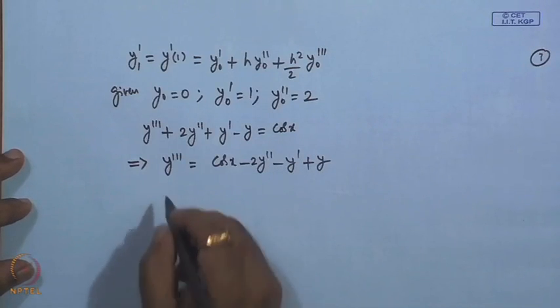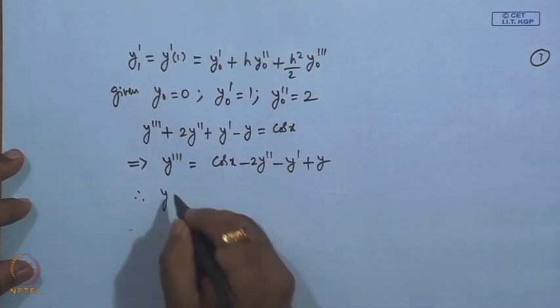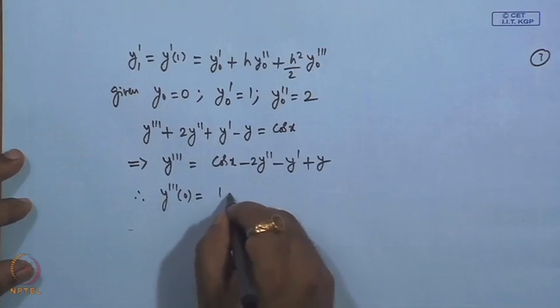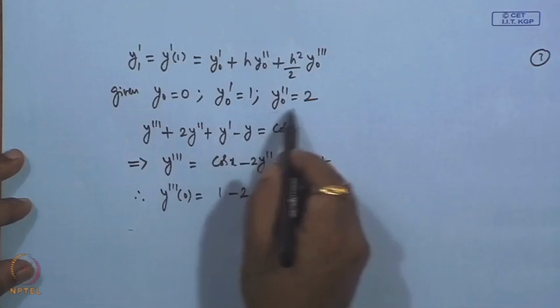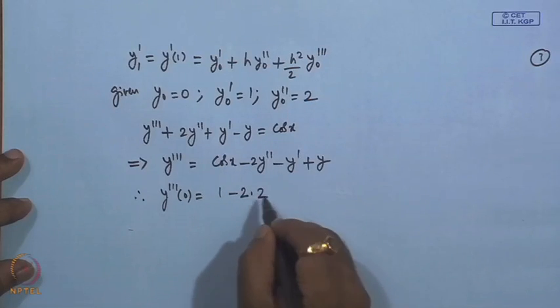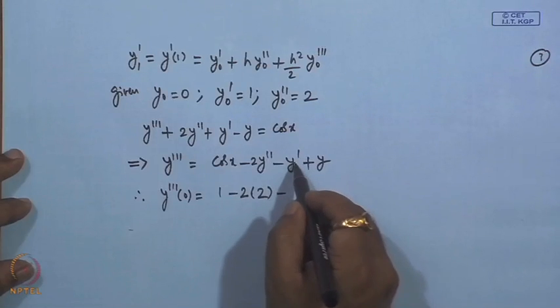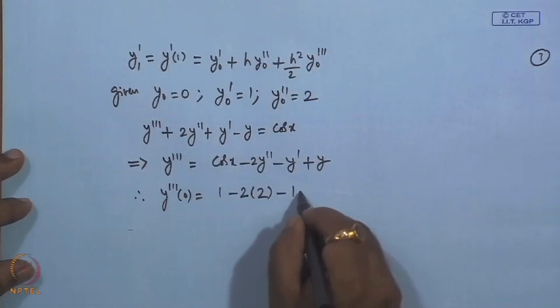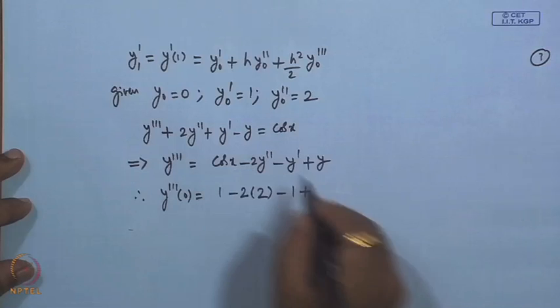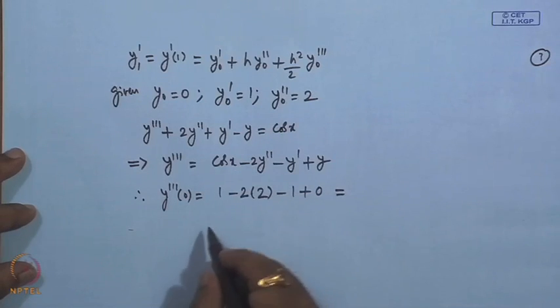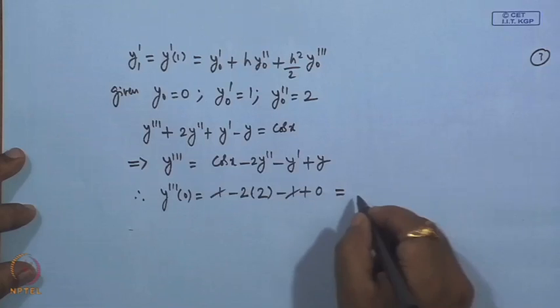Therefore, y triple prime of 0 is minus 2 times y double prime of 0, minus y prime of 0, plus y of 0, which is 0. So this is minus 4.